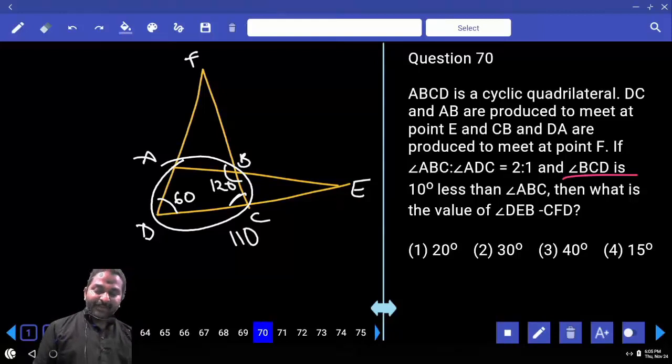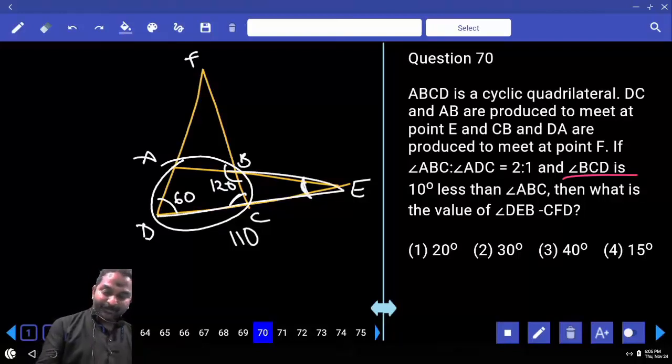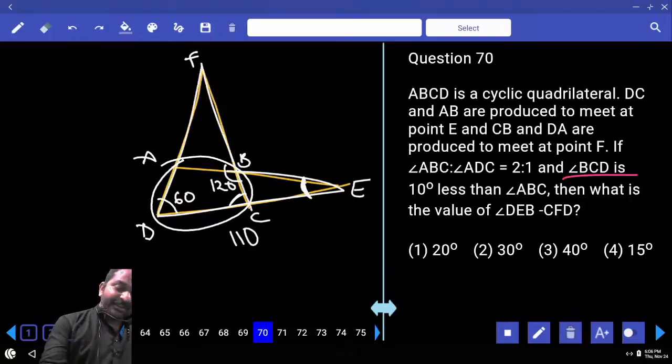Then what is the value of DEB? DEB, this one, CFD, this one.